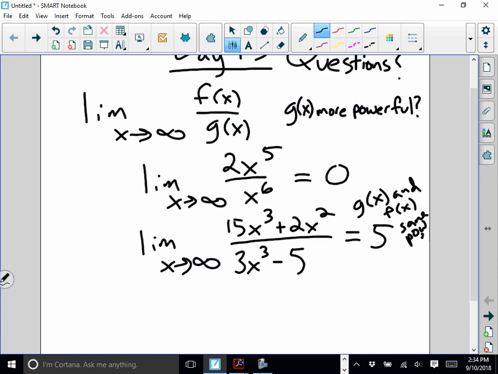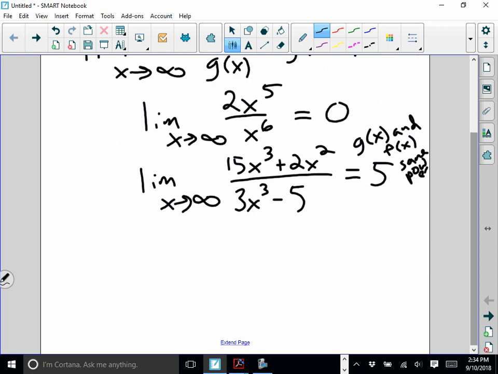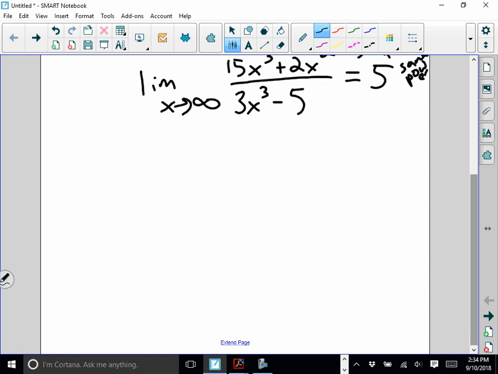What happens when the top is more powerful? For example, if we see this, the limit as x goes to infinity of 3 to the x over x to the 6th, we have to be careful.